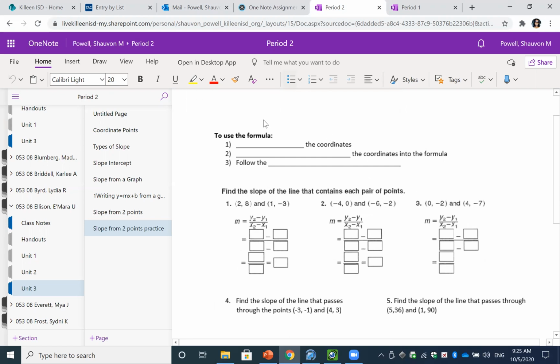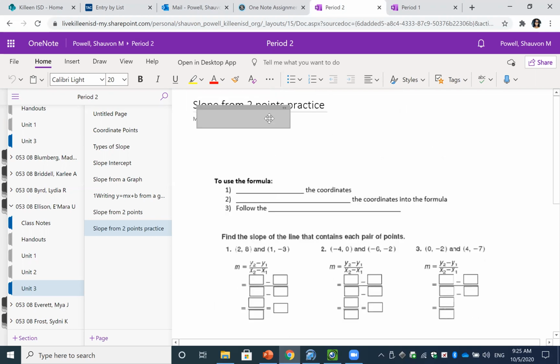So the first thing is to go through the steps. The first thing you're going to do is label the coordinates. Label your coordinates.